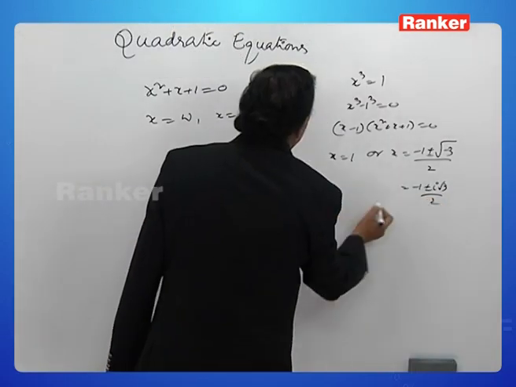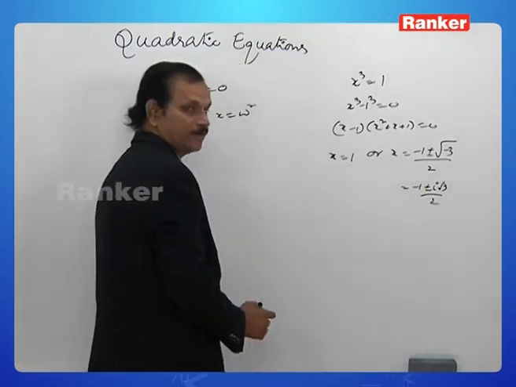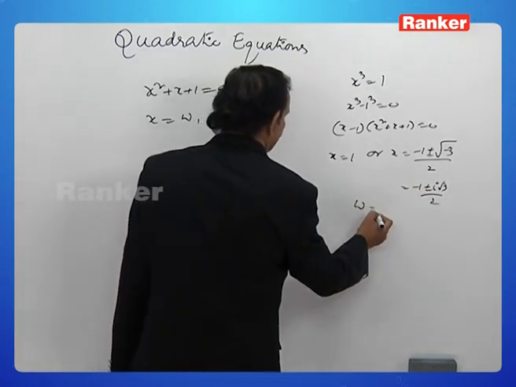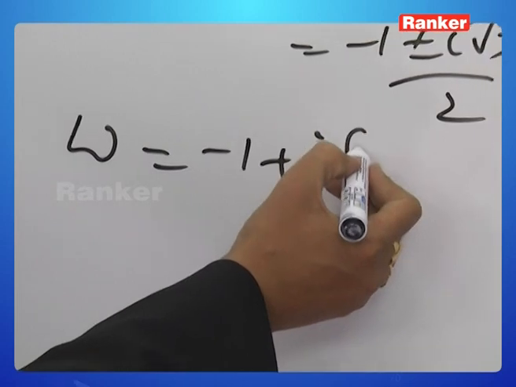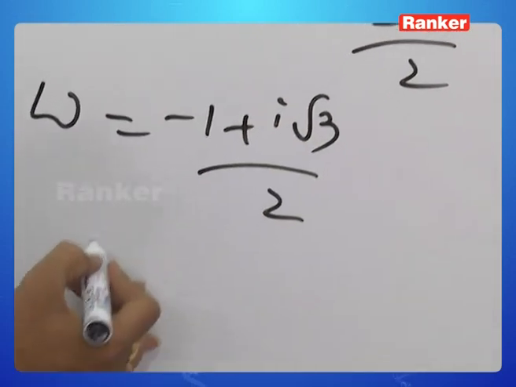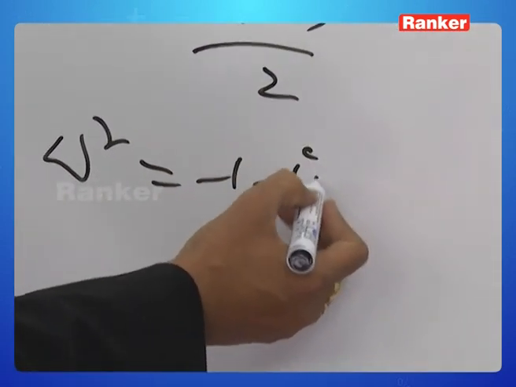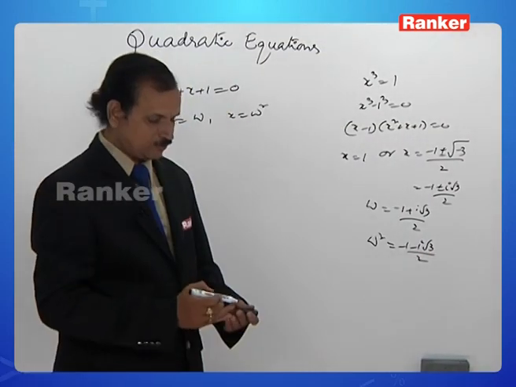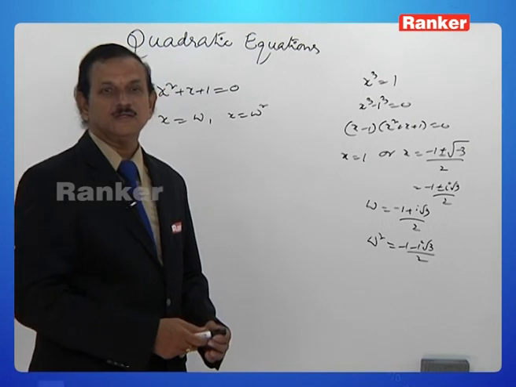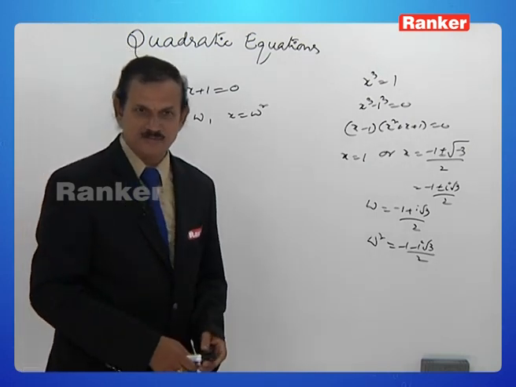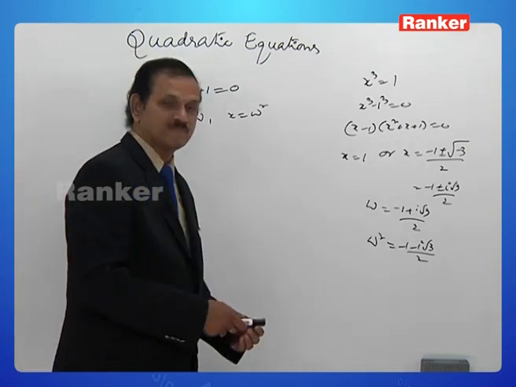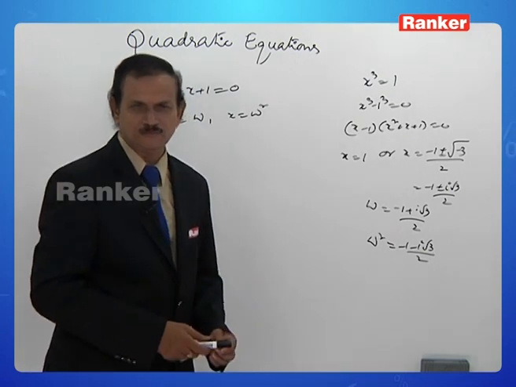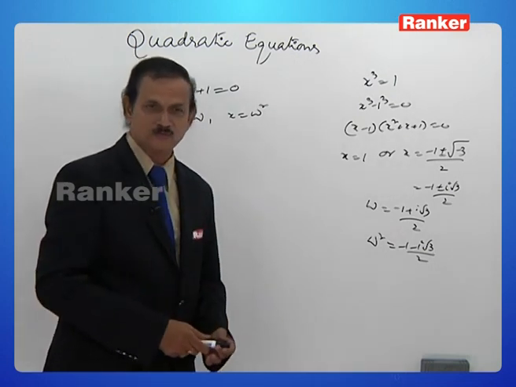Here one root is minus 1 plus i root 3 by 2. It is denoted as omega, and the other root is omega square, minus 1 minus i root 3 by 2. These are very famous complex cube roots of unity. In the chapter complex numbers, we could have come across so many times those two roots, omega and omega square.